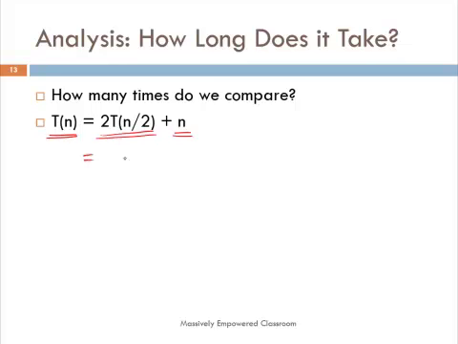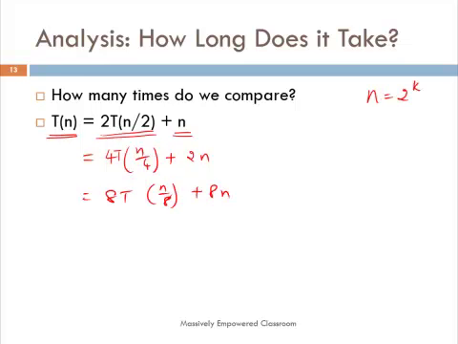So if we apply our substitution method as usual, this becomes 4T(n/4) plus 2n, 8T(n/8) plus 3n, and as usual, if n is a power of 2, in the end you get nT(1) plus k times n. So k is log n.